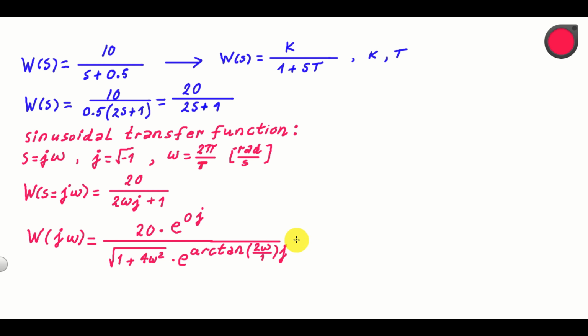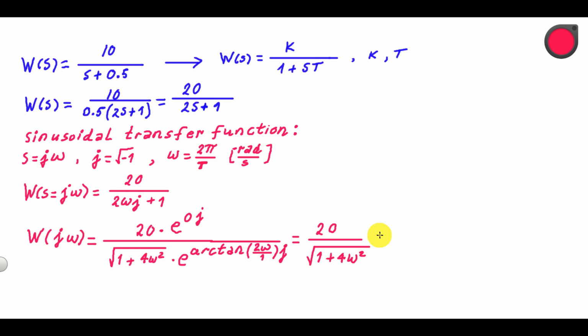Okay, now that we expressed both numbers in their polar form, we can easily derive the polar form of the complete transfer function. The polar form is 20 over square root of 1 plus 4 omega squared, and this is the magnitude of our transfer function.